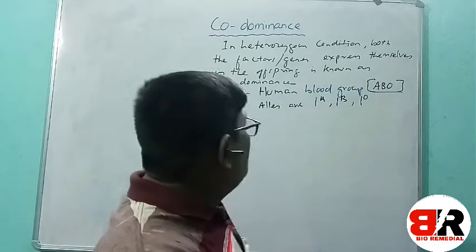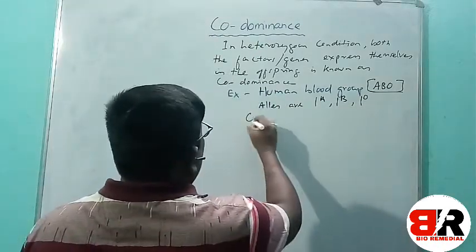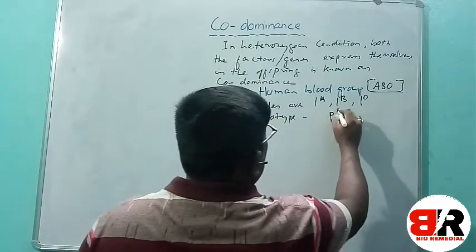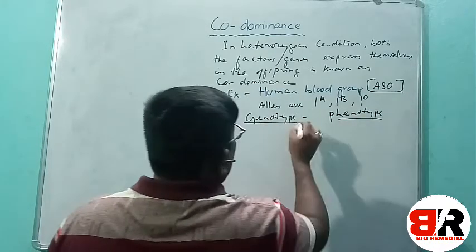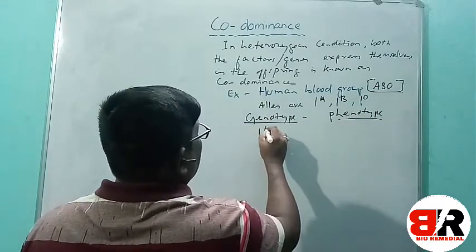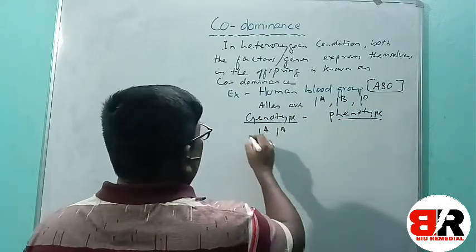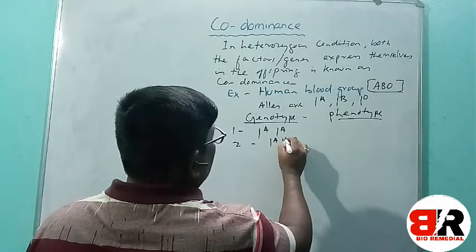So the genotypes will be: first, IA with IA. Second, IA with IO.